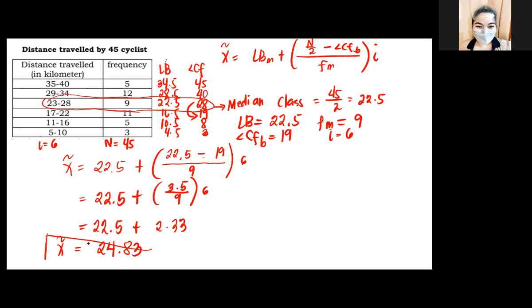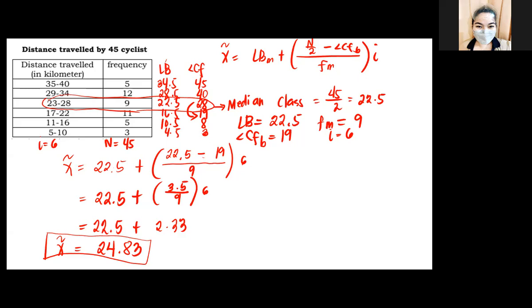So this is our median. The question? None po. Kung wala na, paki-screenshot lang.